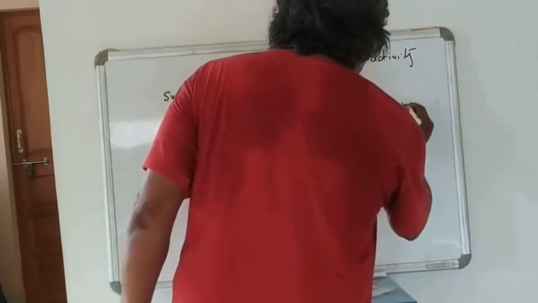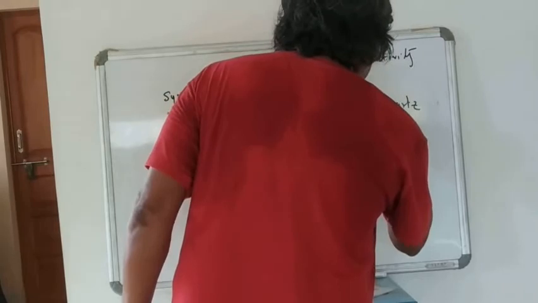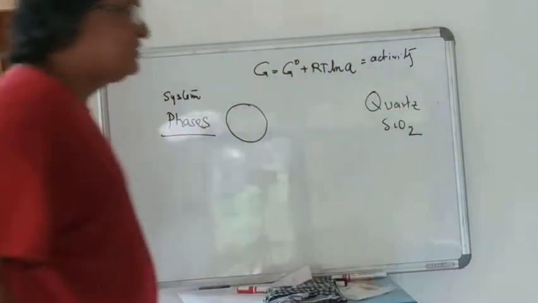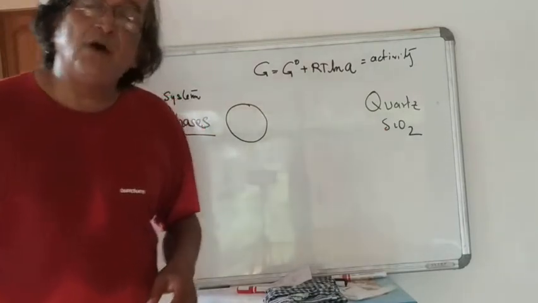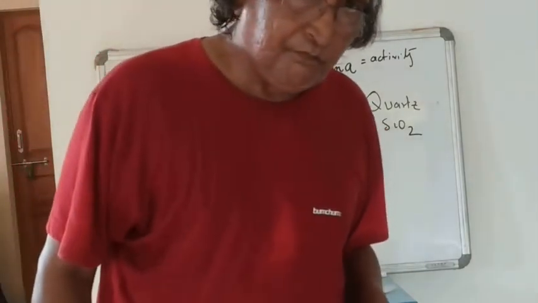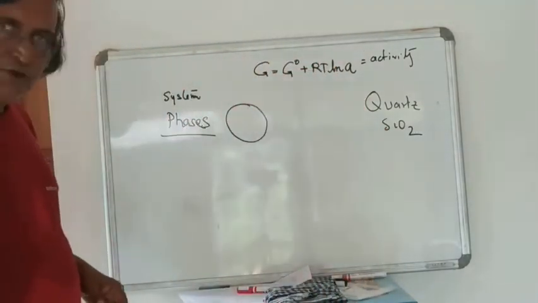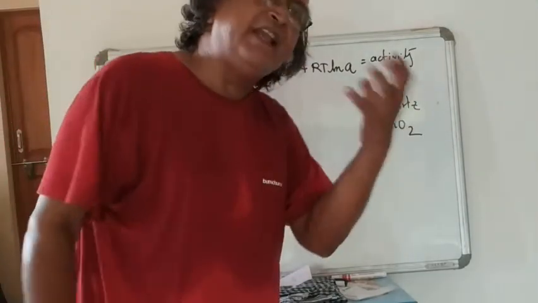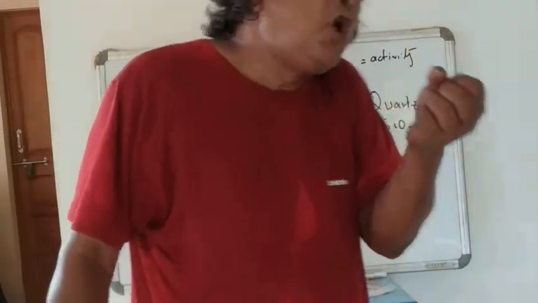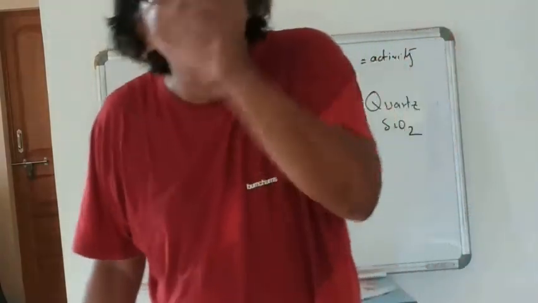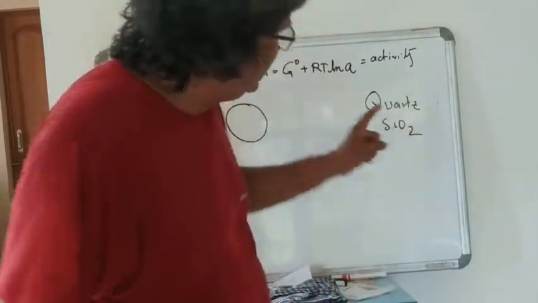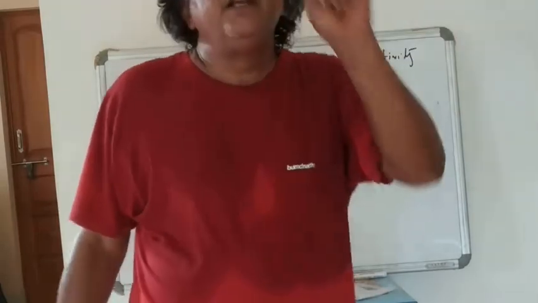The formula is SiO2, silicon dioxide. It's a crystalline form of silicon dioxide. Have you understood? It is essentially composed of SiO2, not necessarily elemental silicon and elemental oxygen. No. Silicon dioxide. Graphite and diamond have elemental carbon.